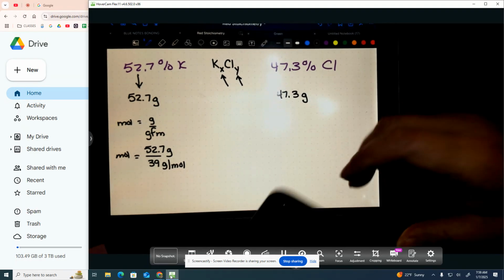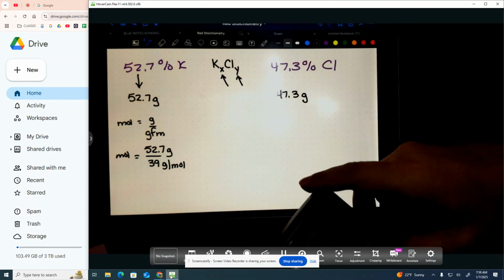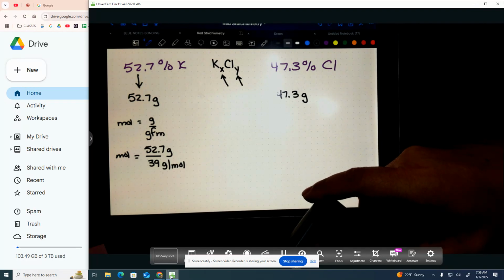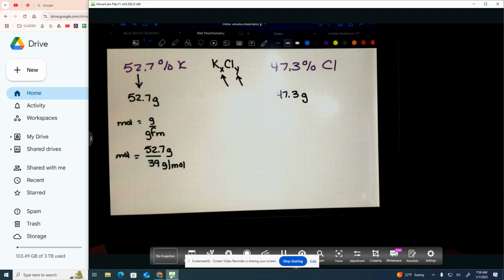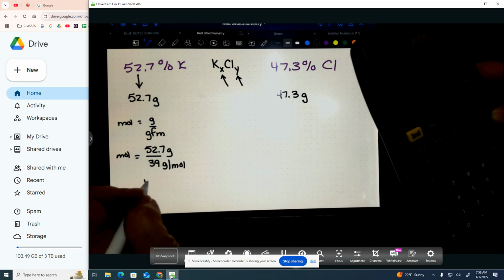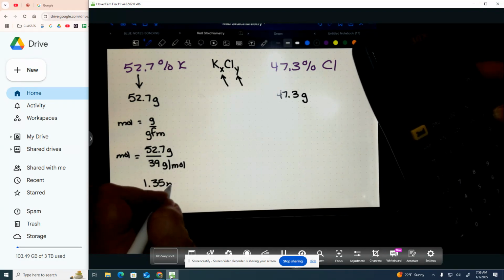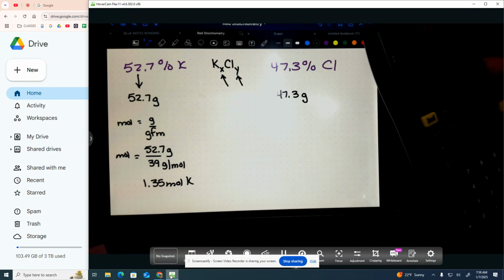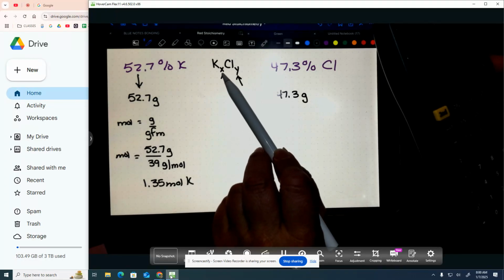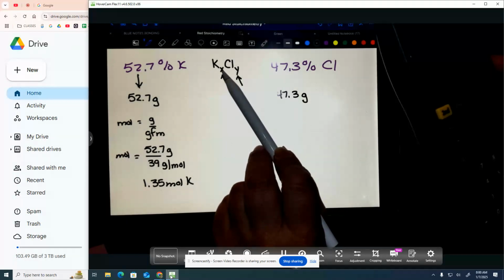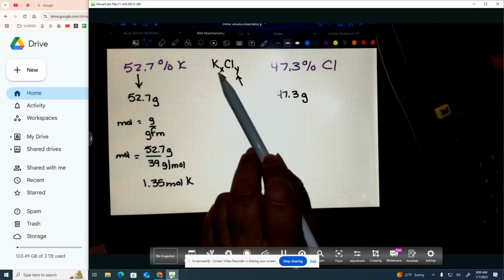I can't see a darn thing. Let's try this again. 52.7 divided by 39. 1.35? 1.35 moles of potassium. So that's my X. That's this number right here. Okay? Because these are mole ratios.